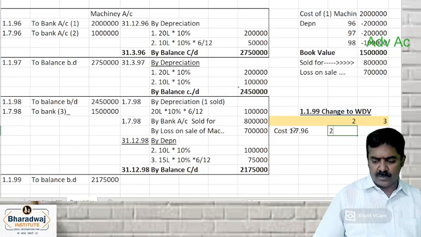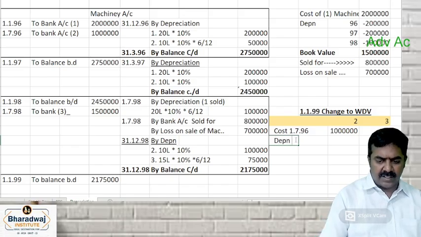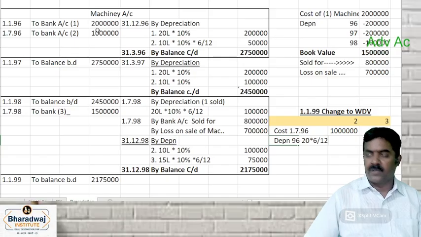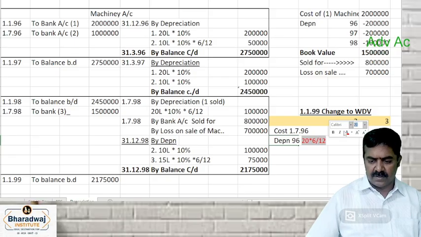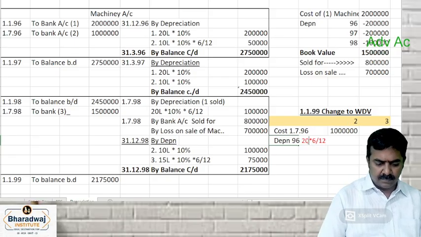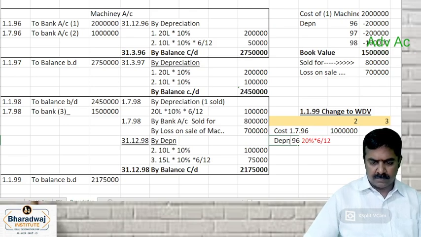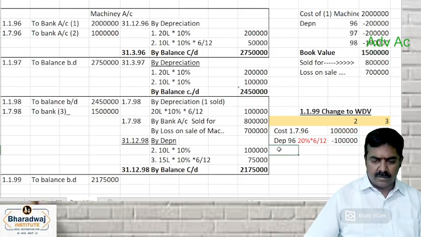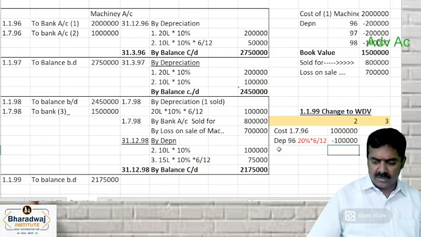Cost in 1996 was 10 lakhs. Depreciation for 96 will be 20% for 6 months. We purchased in 1996, for 10 lakh 20% for 6 months. How much will it be? Depreciation balance, how much will it be? 9 lakhs.